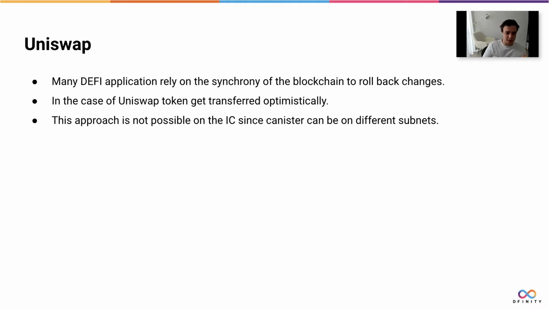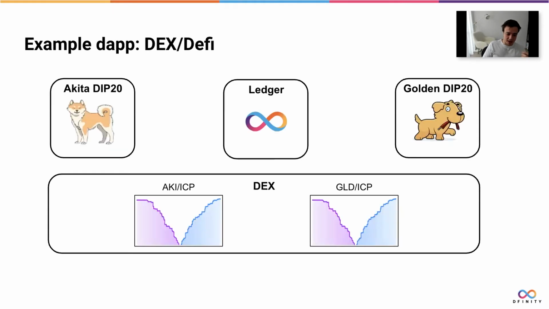This wraps up my explanation of how we want to implement DeFi. Now I want to give you the concrete example of how we developed our example dapp, and what an approach could be to make use of this asynchrony model and still have a good DeFi exchange, which is not that possible on other chains.